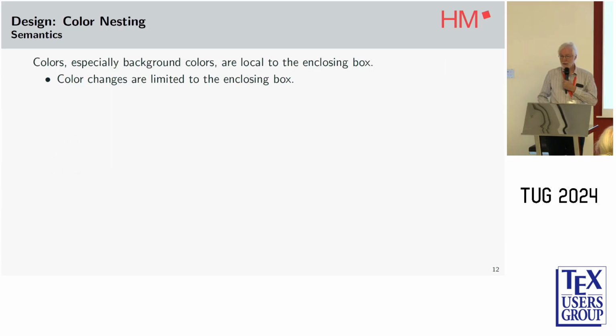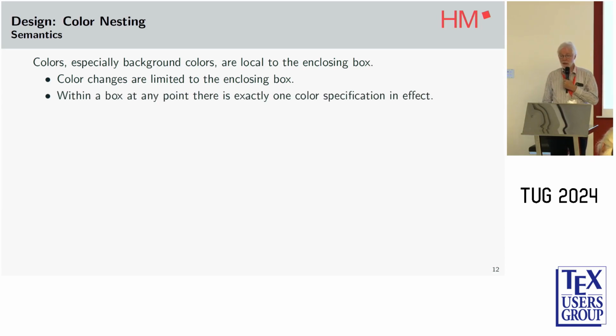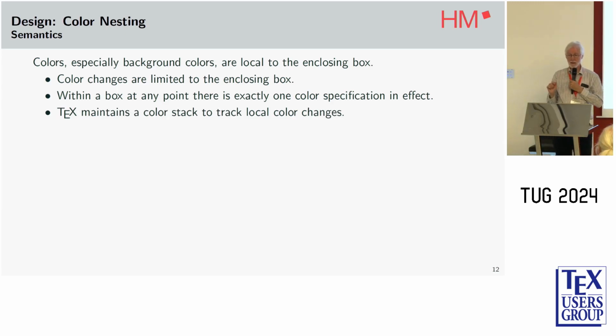Good. Now, colors and nesting. Colors are limited to the enclosing box. So within a box, you have at any point exactly 1 color specification, but TeX maintains a color stack. That's part of TeX. It's not part of the HINT file format.